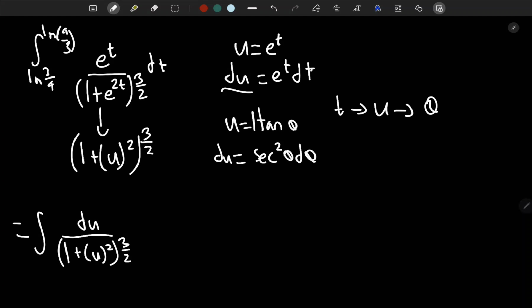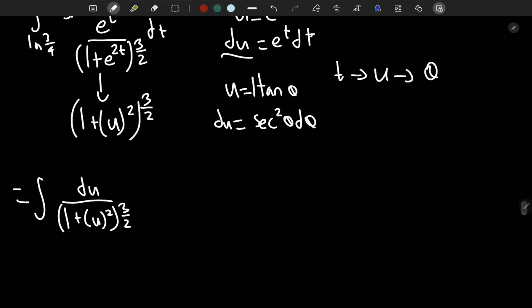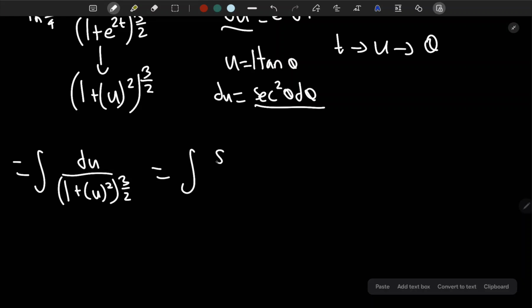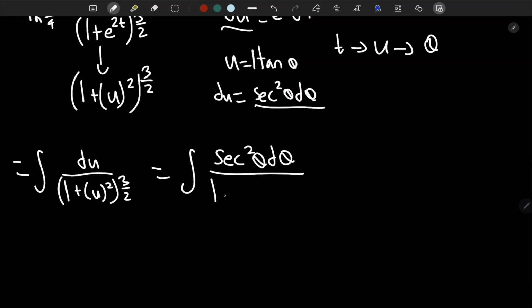So now we need to replace du with this part first of all. It is going to be equal to secant squared delta d delta over 1 plus, now u, as we mentioned before, is tan delta, so tan delta squared, all to the power of 3 over 2. So pretty much simple till now.